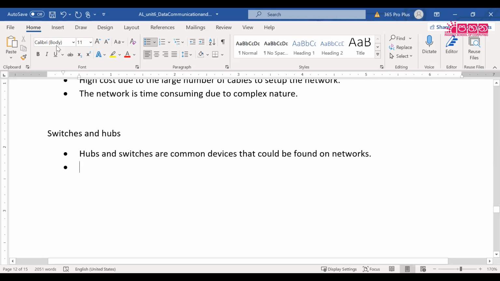Right? So when you talk about the hubs, for example, if you want to look at what is the difference between hubs and switches, right? So we know that in a hub, similarly with the switch, from one point, it will distribute data to the other point.